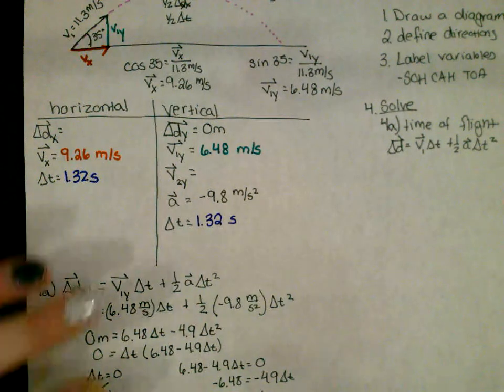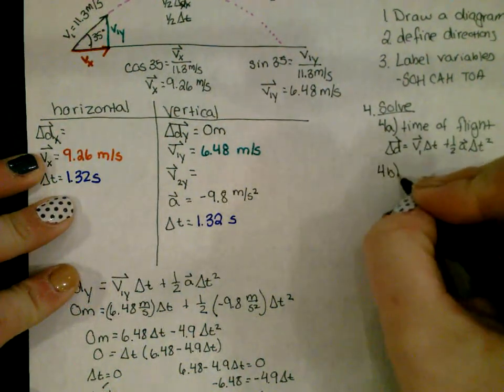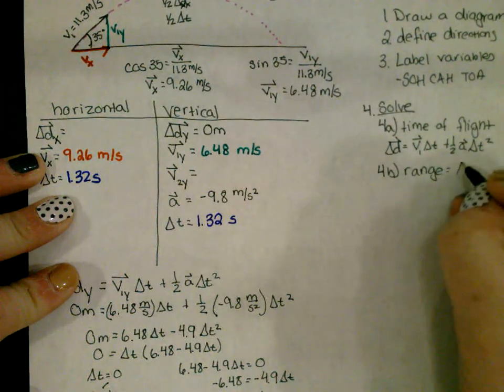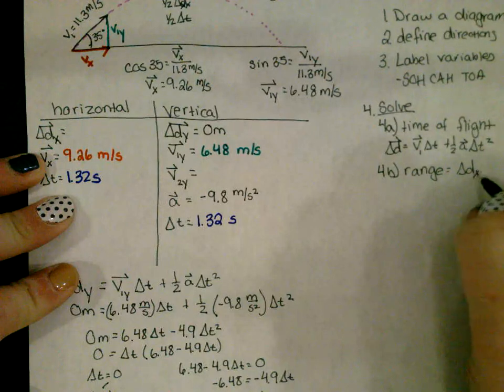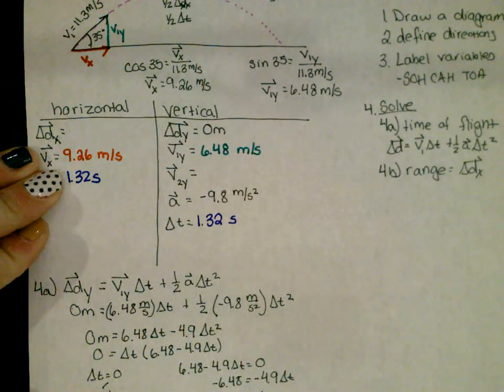All right, after I solve for the time of the flight, I'm going to solve for range. So range is our horizontal displacement.